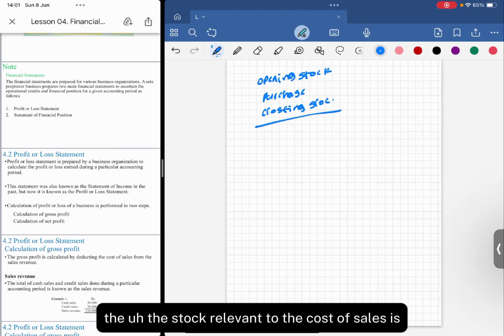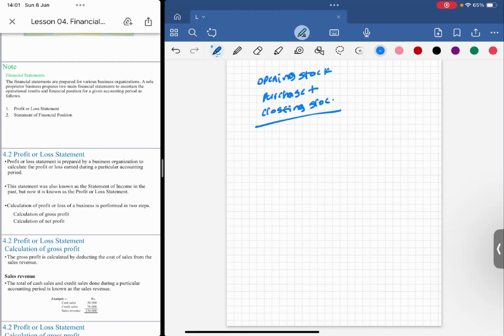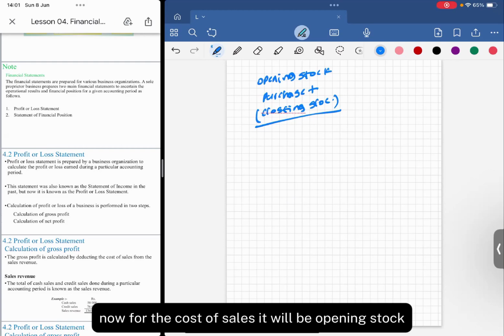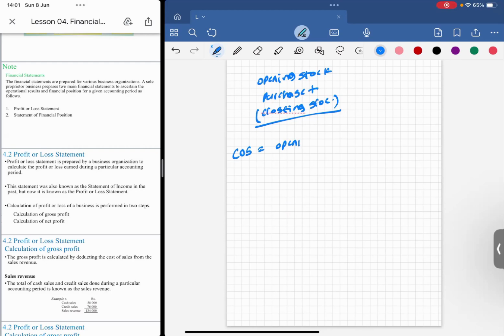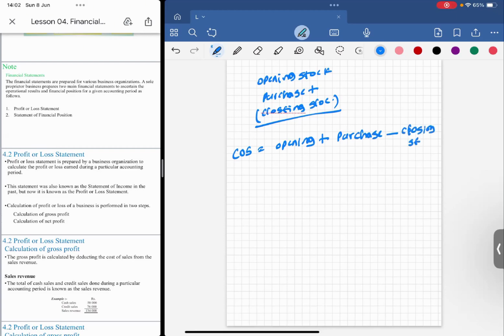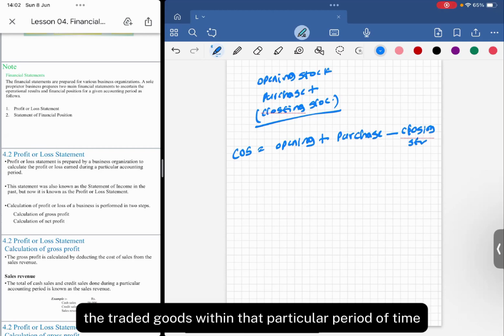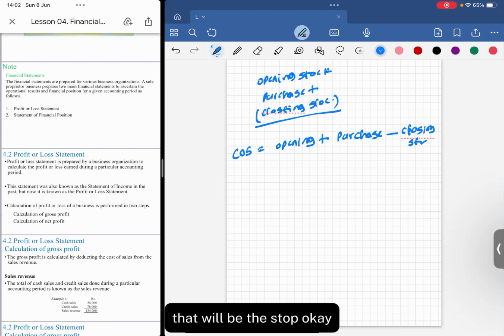The stock relevant to the cost of sales is opening stock plus purchases minus closing stock. So that will be relevant to the cost of sales, the traded goods within that particular period of time.